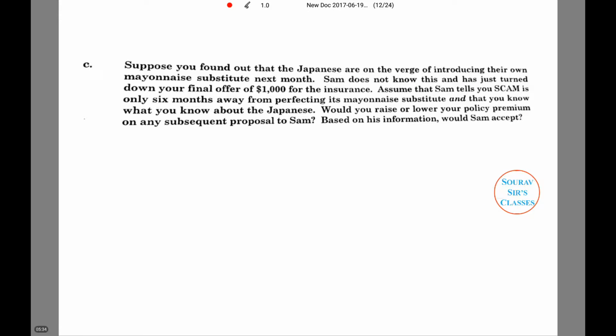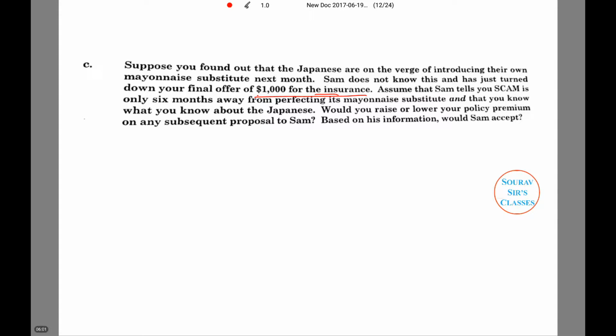Next, we figure out a situation. Suppose we find out that the Japanese are on the verge of introducing their own mayonnaise substitute next month. Sam does not know this and has turned down your final offer of $1,000 for the insurance. Assume that Sam tells you SCAM is only 6 months away from perfecting its mayonnaise substitute.